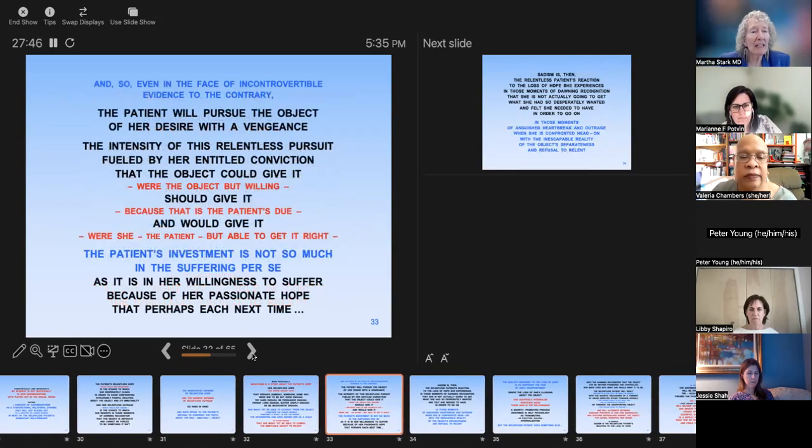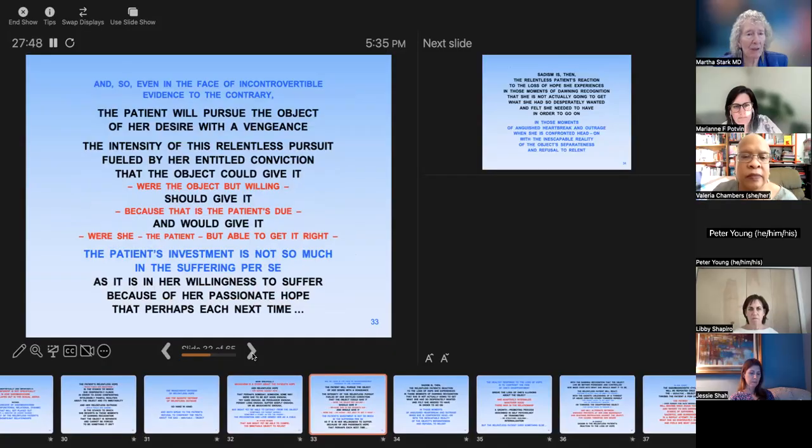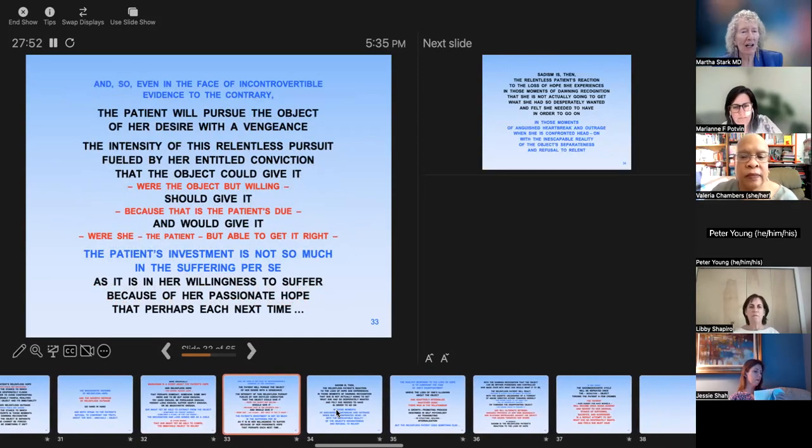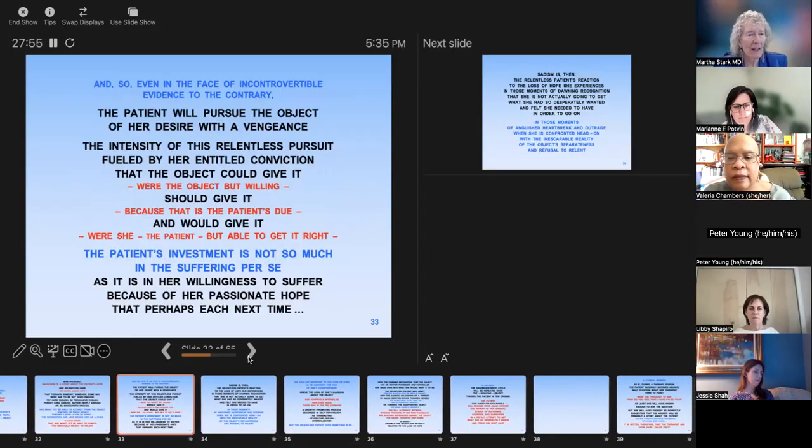And so, even in the face of incontrovertible evidence to the contrary, the patient will pursue the object of her desire with a vengeance. The intensity of this relentless pursuit is fueled by her entitled conviction that the object could give it, were the object but willing, and there's some truth in that, should give it, because that is the patient's due, perhaps less truth in that, and would give it, were she, the patient, but able to get it right.